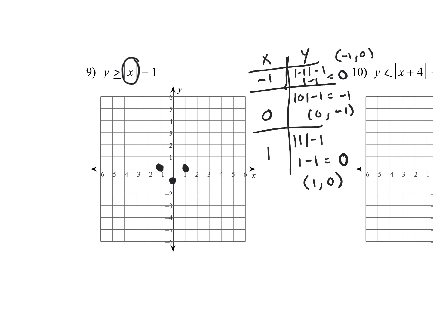Do I have a solid V or dotted V here? Solid V. And what point can I plug in to test? I can plug in 0, 0, because that's not on my V, it's in there. So I have 0 is greater than or equal to 0 minus 1. So 0 is greater than or equal to, what's 0 minus 1?